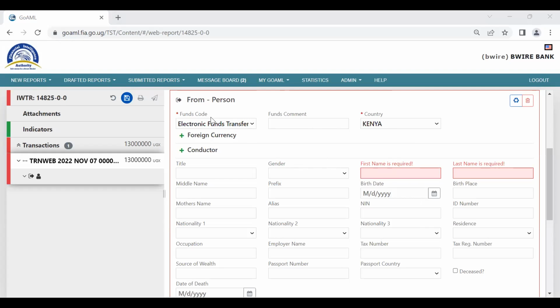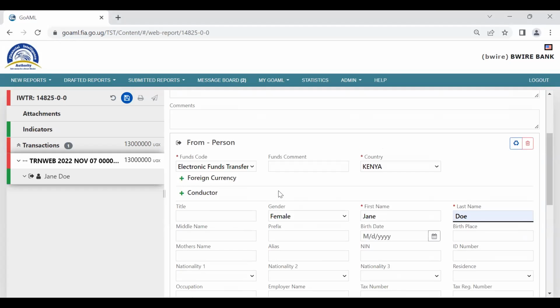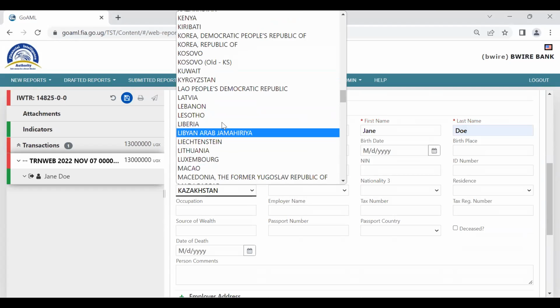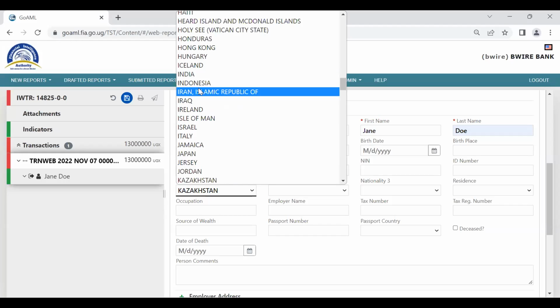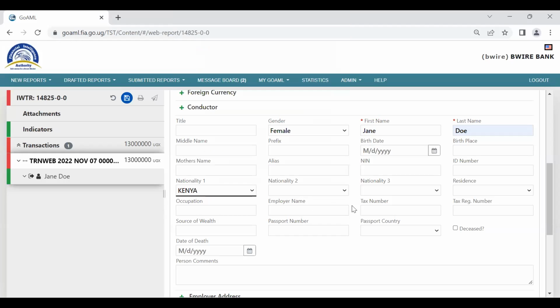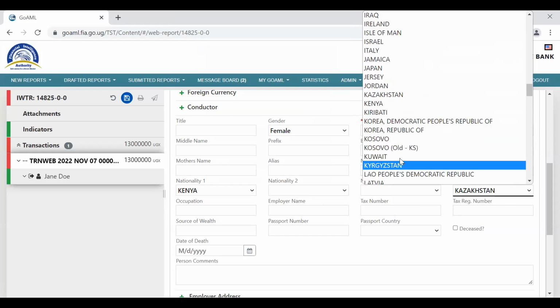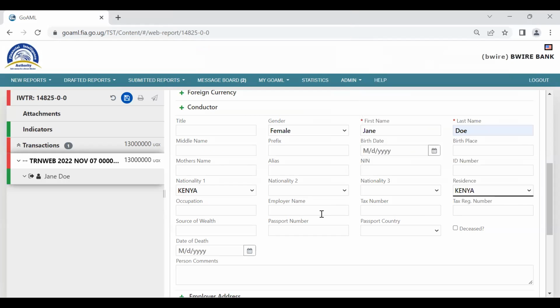So we are saying the person sending, and the person who walked in is the recipient, so we are capturing details of the person who sent. We usually have very minimal details. I probably just have the name and the nationality, that they are from Kenya, and probably residence, Kenya, and maybe the passport information.